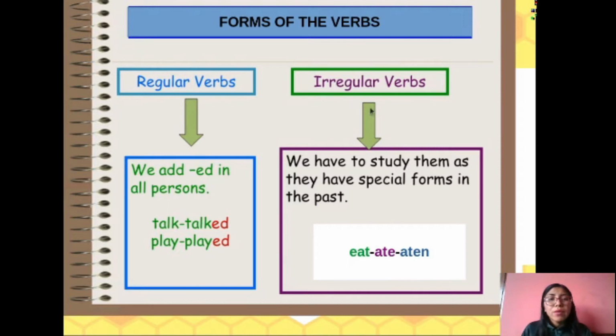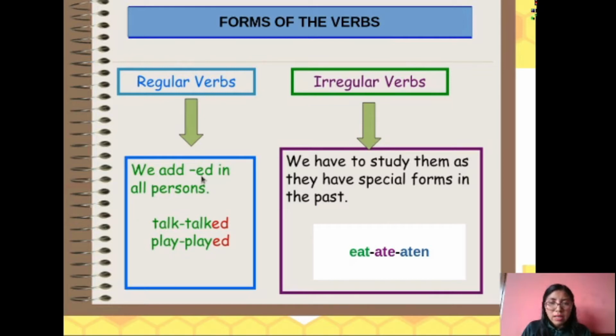And the irregular verbs, we have to study them as they have a special form in the past. Okay, so that is a little complicated because you have to memorize the forms of each verb. Para saber las formas de estos verbos, nosotros tenemos que memorizar. In the regular verbs, we have the rule. Tenemos esta regla, ¿no es cierto?